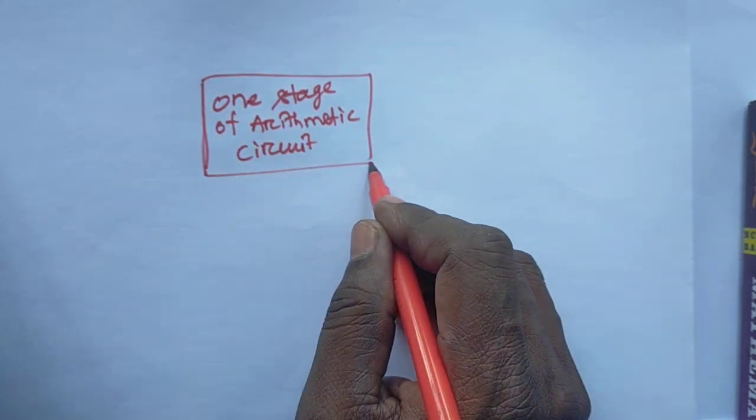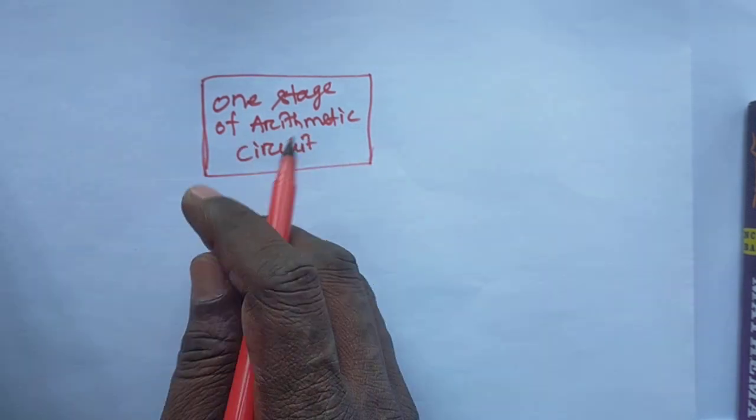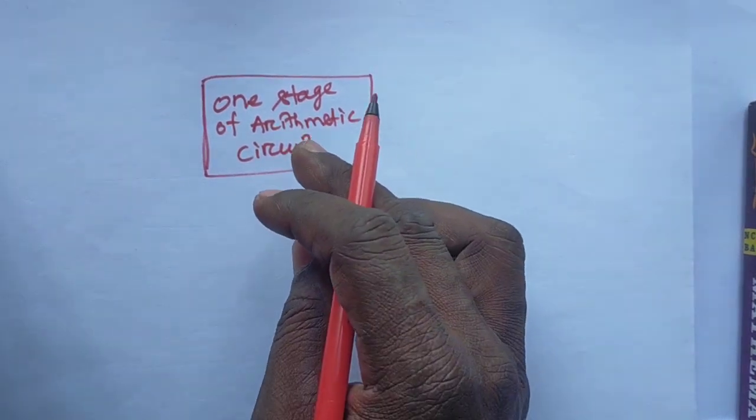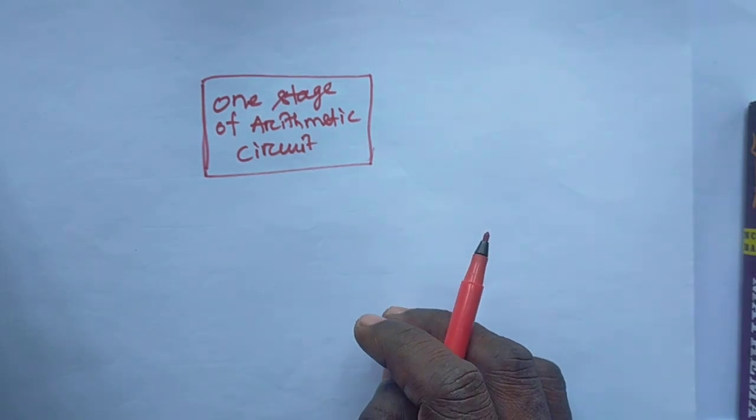It is why I wrote one stage, because here all kinds of small components are there. So a single stage, we will consider one stage arithmetic circuit.